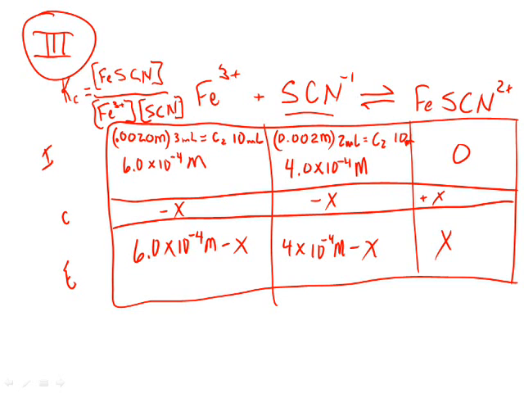Because you know what X is, you can calculate the other two concentrations, so now you can find the equilibrium constant. So you'll find that 4 times, different concentrations every time, but you'll calculate the equilibrium constant.